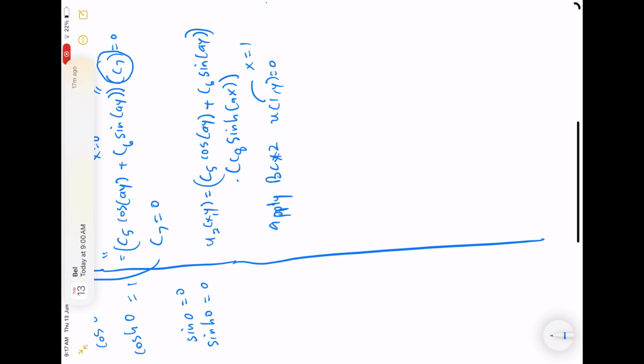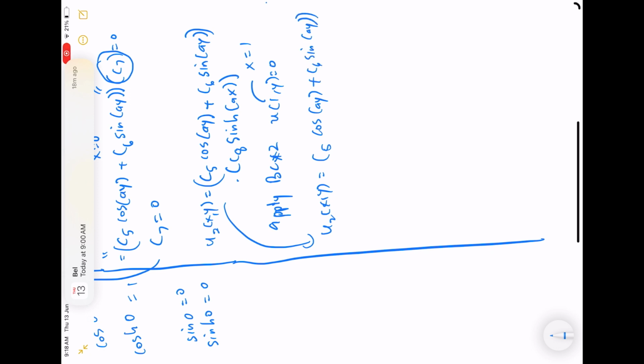So our new u(x,y) just now is the same, I'll just copy again, c5 cos ay plus c6 sine ay.